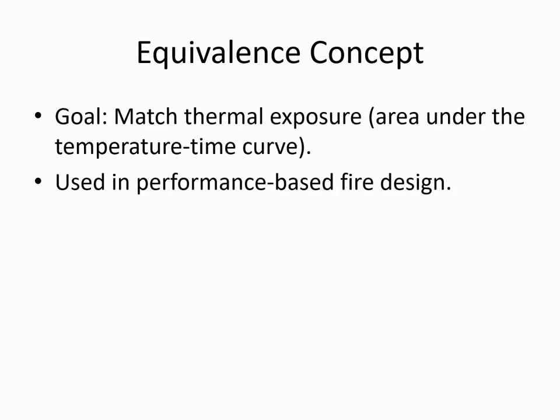The purpose of fire severity equivalence is to match the thermal exposures of real component fire and standard furnace fire. This is done by comparing the area under their temperature time curves. The goal is to ensure the laboratory testing reflects real world fire behavior.